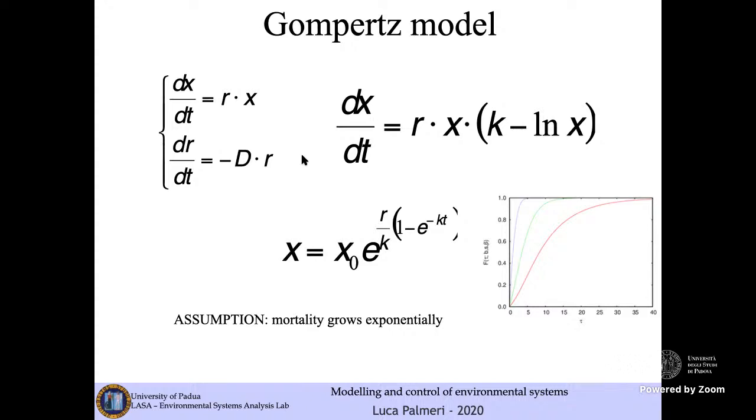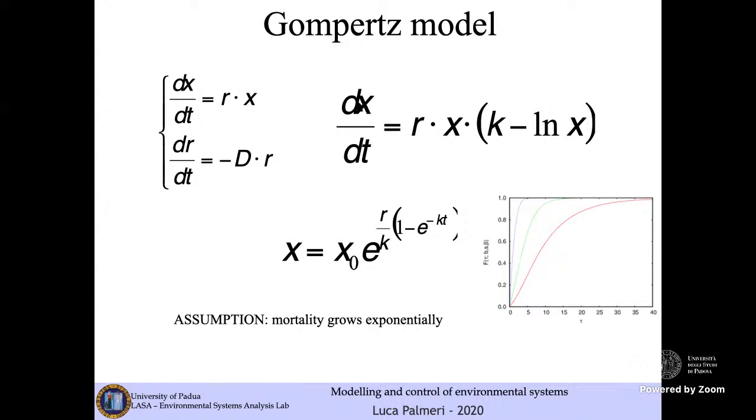So this is a way of describing carrying capacity by saying that as the population increases, you have an exponential decrease in the growth rate. So as the population increases, the organisms forming the population start to grow slower and slower.